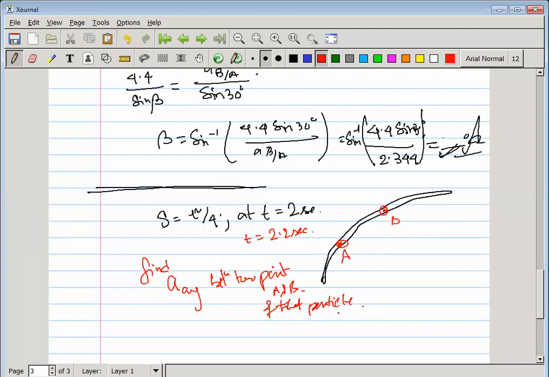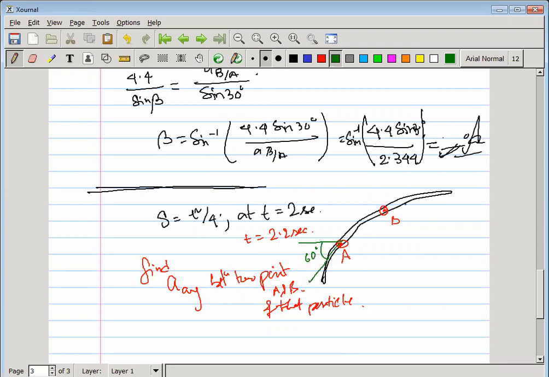So if this type of question comes, how can you solve it? Remember, here are some given data.